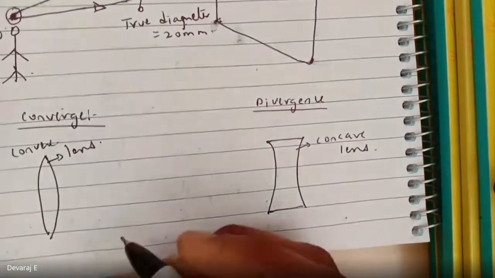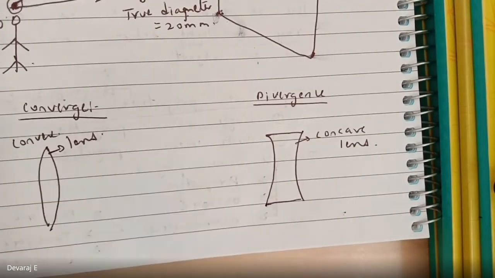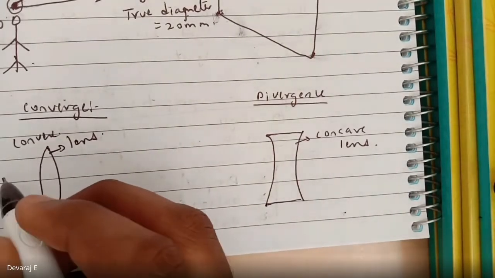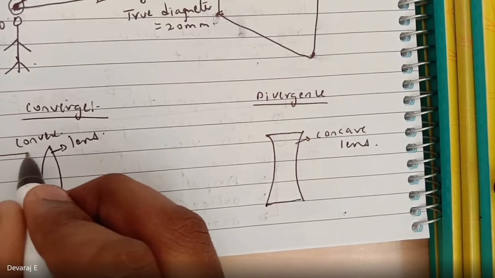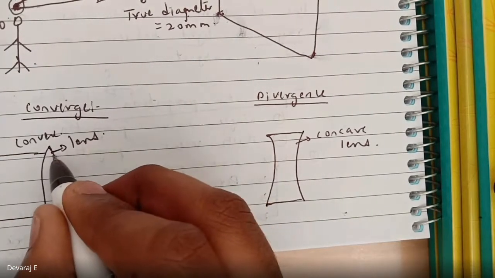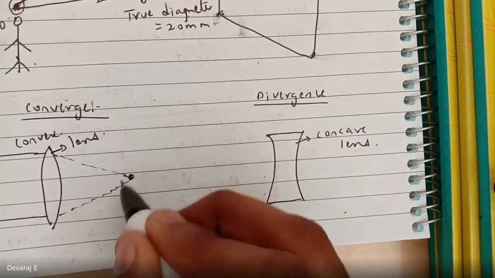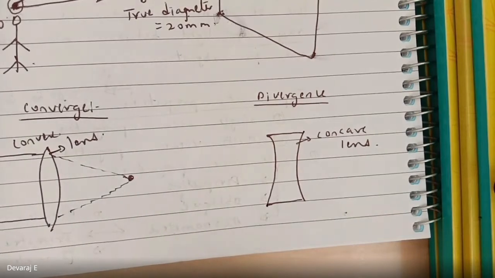So when a light source is falling on the convex lens, at some distance it will converge at a point. So this is called convergence.